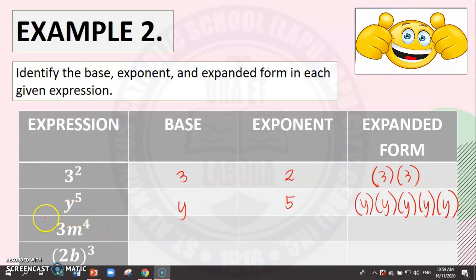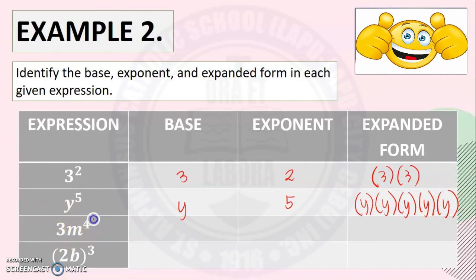Now let's have 3m exponent 4. In this expression, we have only m as our exponential expression. So that means our base is m, our exponent is 4, and the expanded form is, first we need to copy 3, and then the expanded form of m exponent 4, which is 4 m's, m times m times m times m.